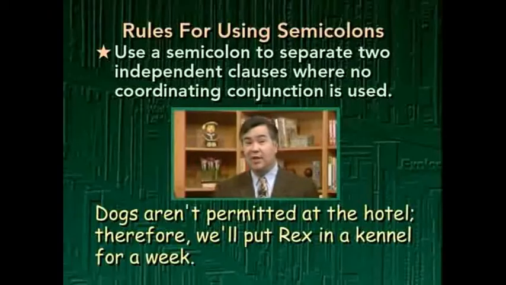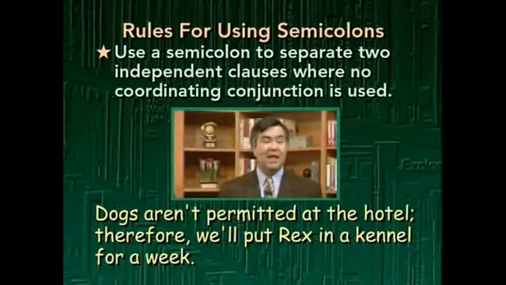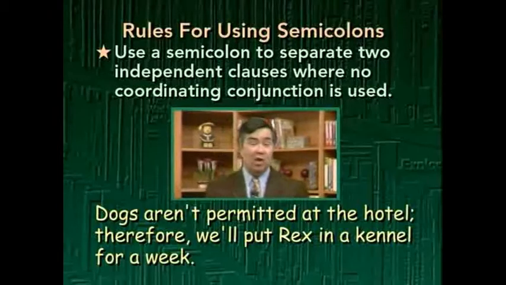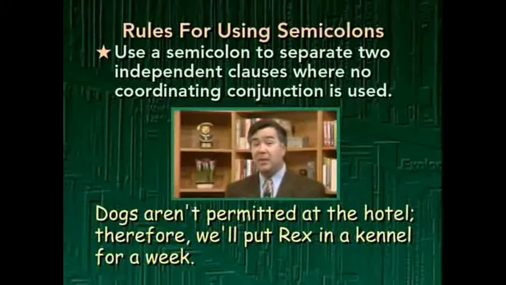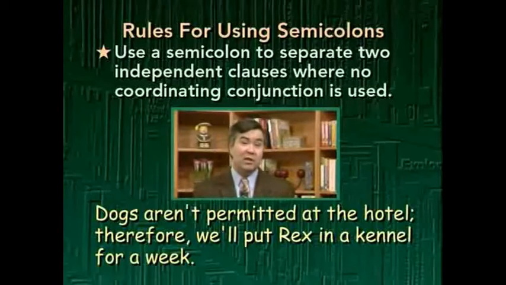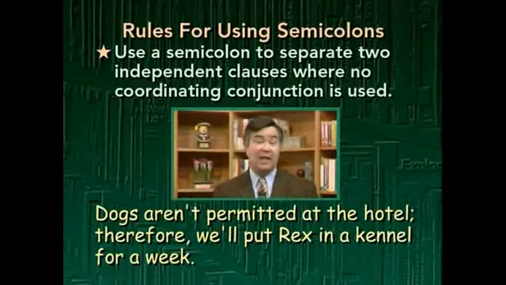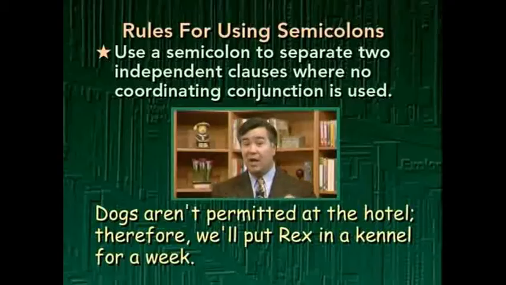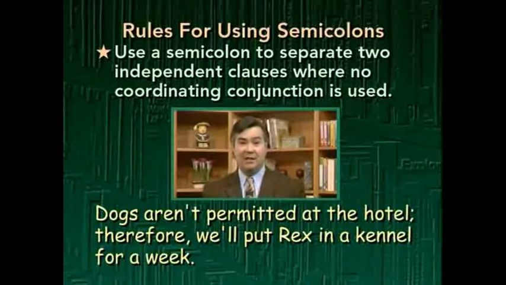Could that stand alone as a sentence? Yes. Therefore, we'll put Rex in a kennel for a week. That too could stand alone as a sentence. So we have what could be two independent sentences. But because the ideas are so closely linked and they really belong together, the author has chosen to join them in a single sentence. And the semicolon as a way of separating the two independent clauses is correct.